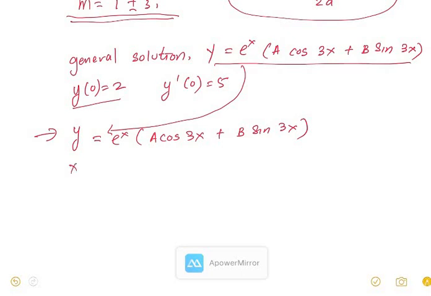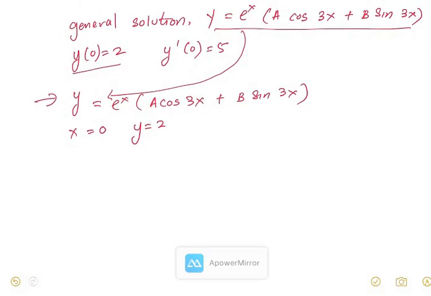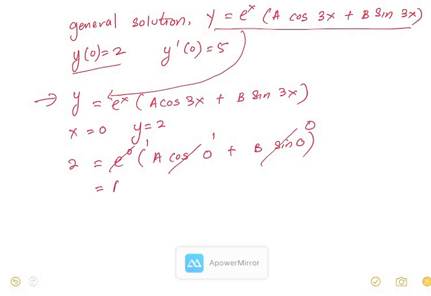When x equals 0, y equals 2, so you can substitute the value. 2 equals e to the power 0, times a cos 0 plus b sin 0. So b sin 0 is 0, and cos 0 is 1, and e to the power 0 is 1. So a equals 2.